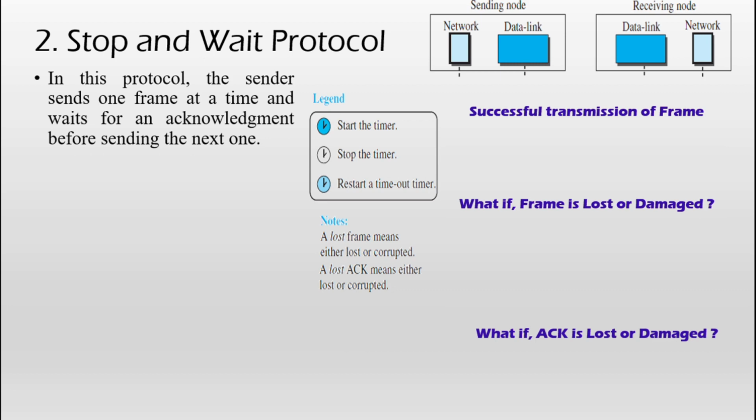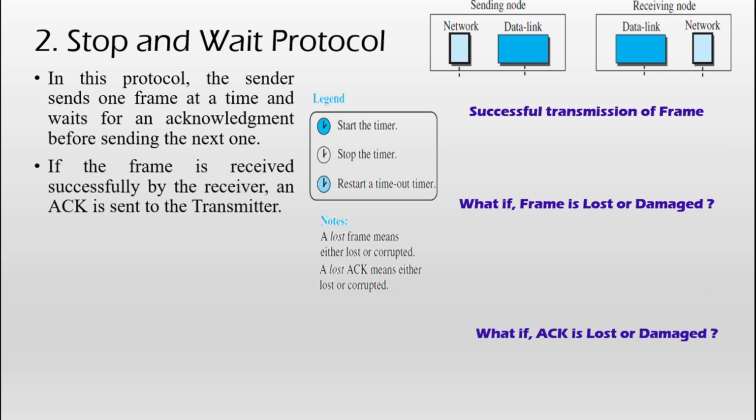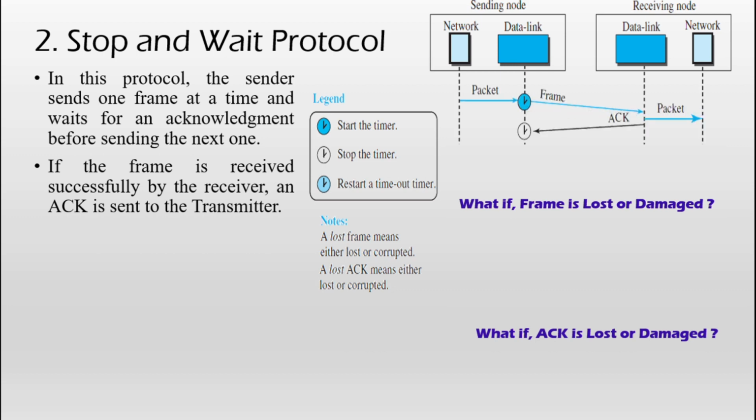First case: what happens if there is a successful transmission of the frame. If the frame is received successfully at the receiver, an acknowledgement will be sent to the transmitter by the receiver. As you can see in the figure, there is an origination of a packet. Once the packet is originated, the transmitter will start a timer for a predefined amount of time. This will be in milliseconds.